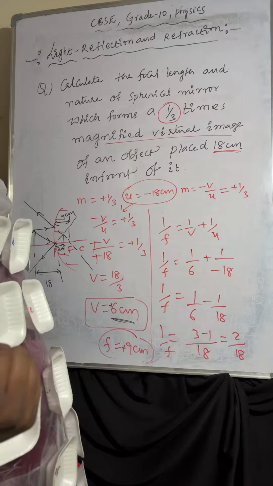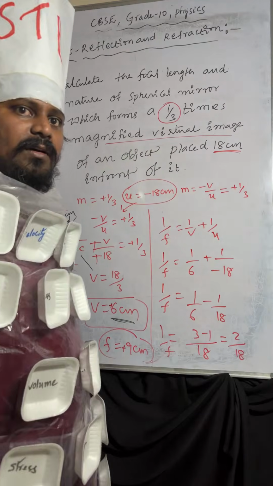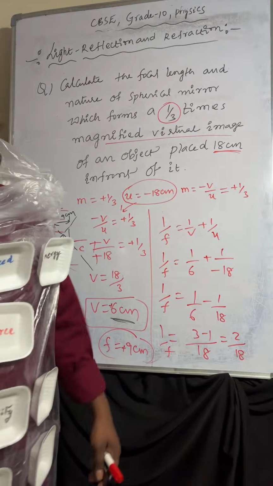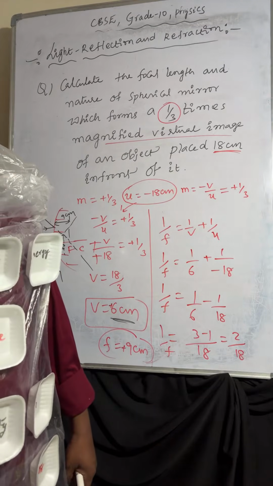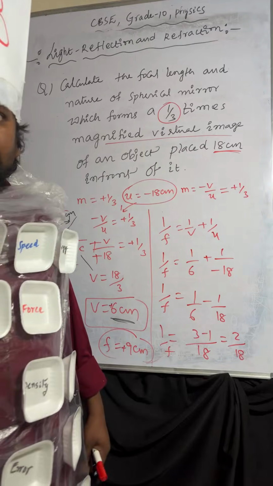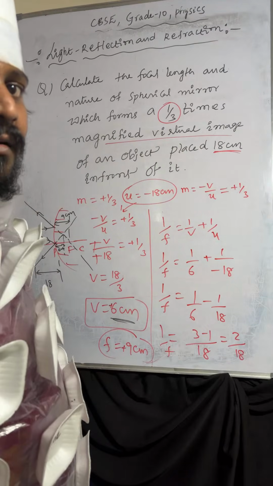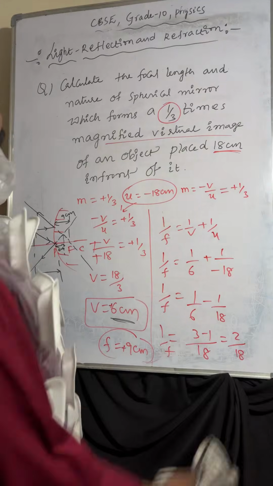Okay, done? So one more problem. Is it correct? So v is 6, f is 9. I hope it is clear.